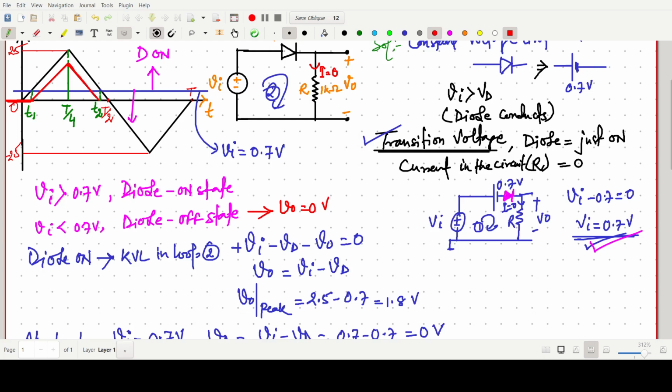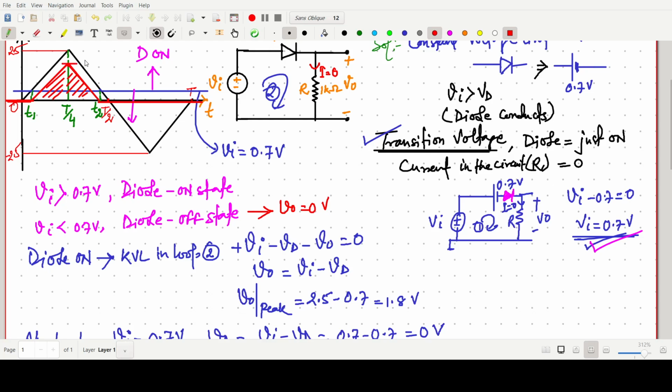Is it clear? And then again it will go like this. So this one is the output waveform, very simple.